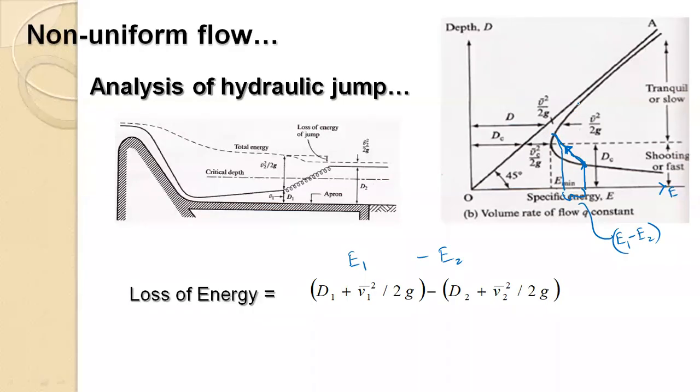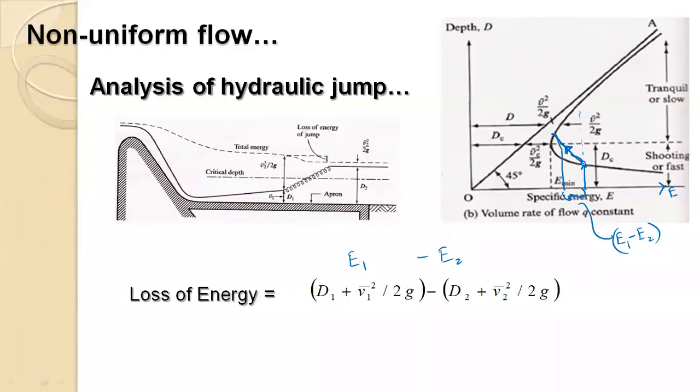It doesn't change like this. Energy is not conserved. If the energy were conserved, then this would move like this, because the specific energy would be conserved on a flat surface. It doesn't happen that way.